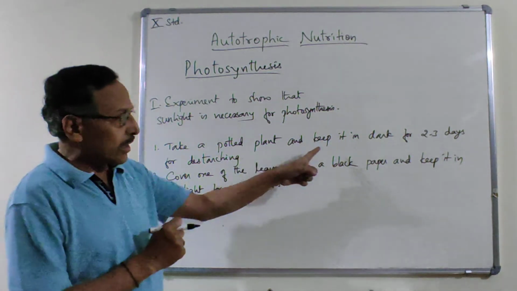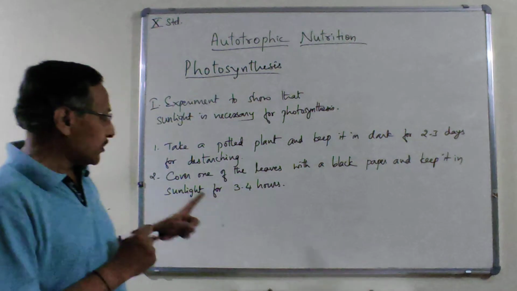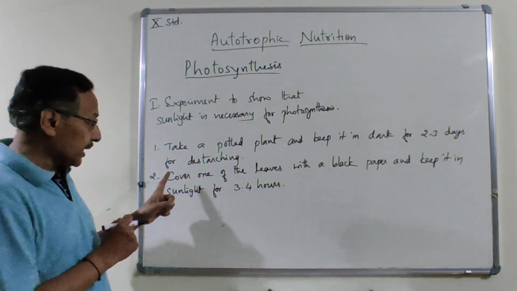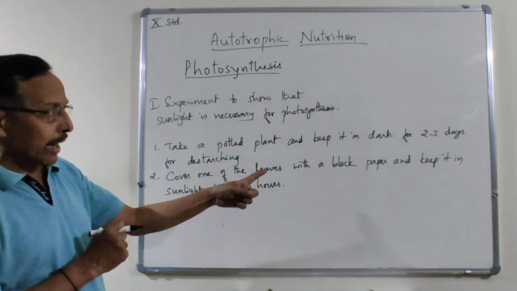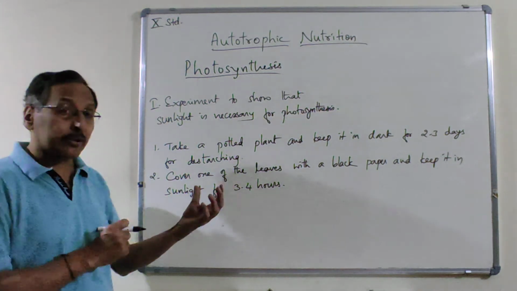Take a potted plant and keep it in dark for 2 to 3 days for destarching. Secondly, cover one of the leaves with a black paper and keep it in sunlight for 3 to 4 hours.